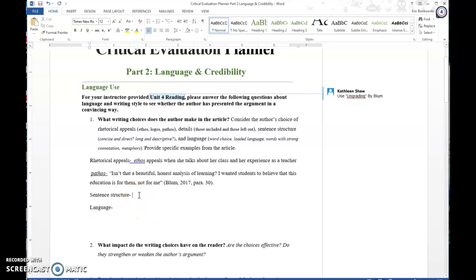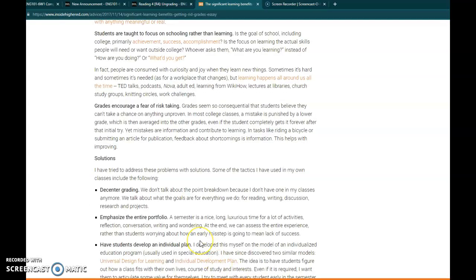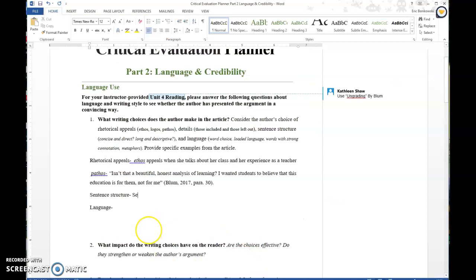And then for sentence structure, I'm going to explain the language. I'm going to go back and look at it. I would say sentence structure is varied, not too complex.